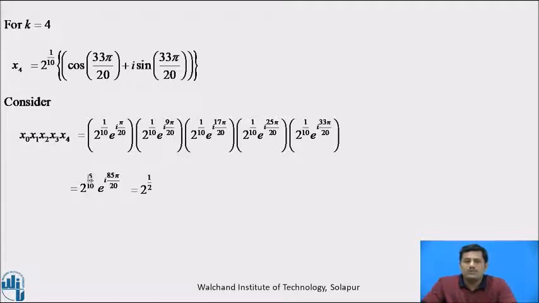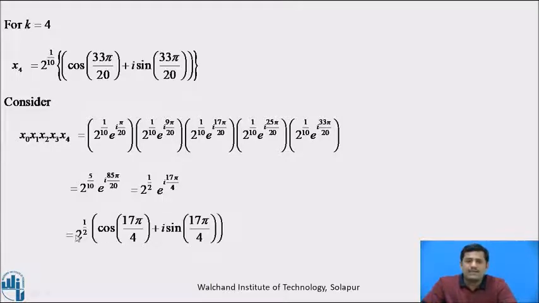And that is equal to, this 5 by 10 is 1 by 2, and this e raised to i 85 pi by 20 can be written as e raised to i 17 pi by 4. So finally we can write 2 raised to 1 by 2 into cos of 17 pi by 4 plus i sin of 17 pi by 4.